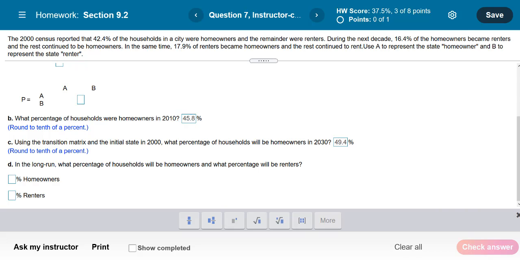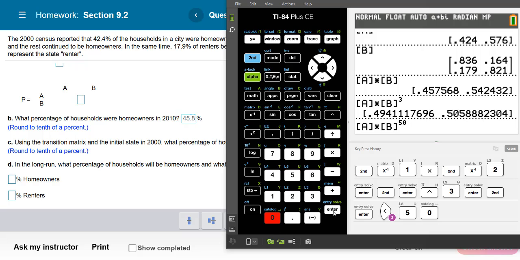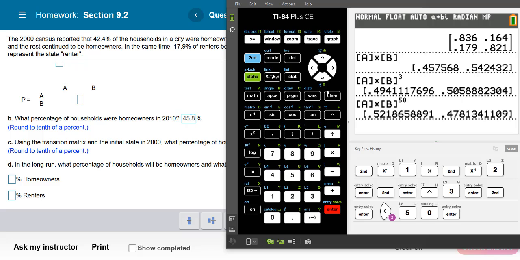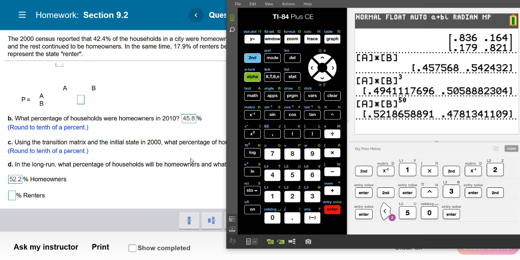So on our calculator, if we do A times B to a large power, such as 50, then the first number is the households that are homeowners. That would be 52.2. And the second number would be the renters.